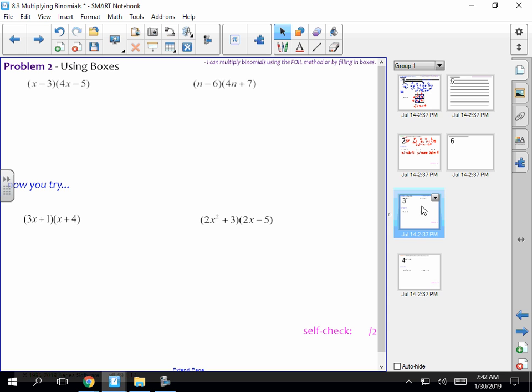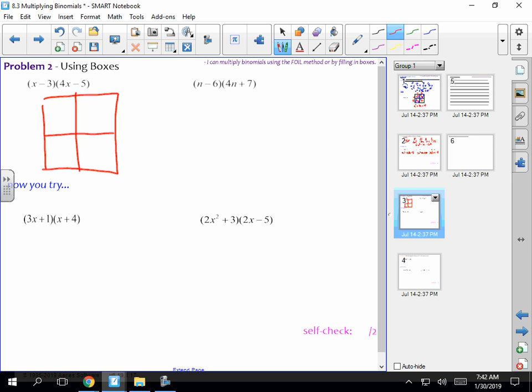All right, using the boxes. It doesn't matter which edge you place these on. You place the x minus 3 on the side, and the 4x minus 5 along the top, or vice versa. It doesn't make any difference. Multiplying the 4x and the x gives us 4x squared.